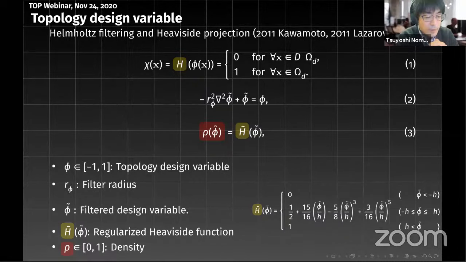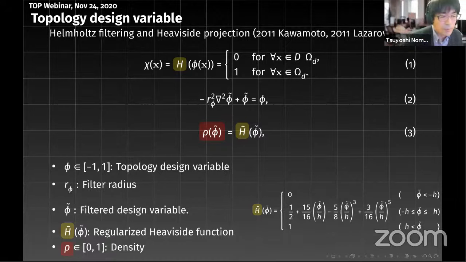The phi is filtered using the Helmholtz equation in equation 2, and it is projected as rho using the Heaviside projection. I think this is almost the same as other ordinary Helmholtz filtering and Heaviside projection methods. It has a slightly different notation, but essentially they are the same.